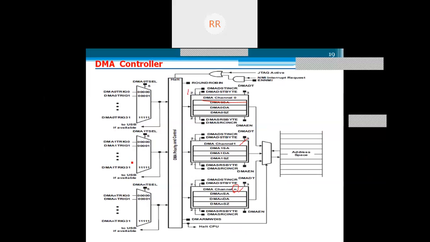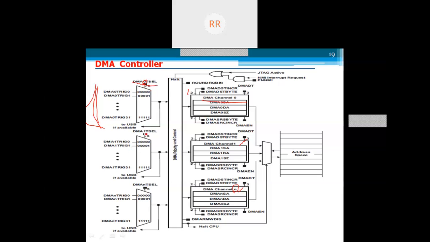Previously we saw all the units. So these are the trigger lines, that means these are the request lines. Whichever peripheral device or memory device is requesting the DMA operation is selected from these. Here you have 32 triggering lines, 0 to 31. For the selection of any one particular unit, for DMA 0, that is the 0th channel, the related multiplexer has the DMA 0 trigger selection bits. 5 bits are available.